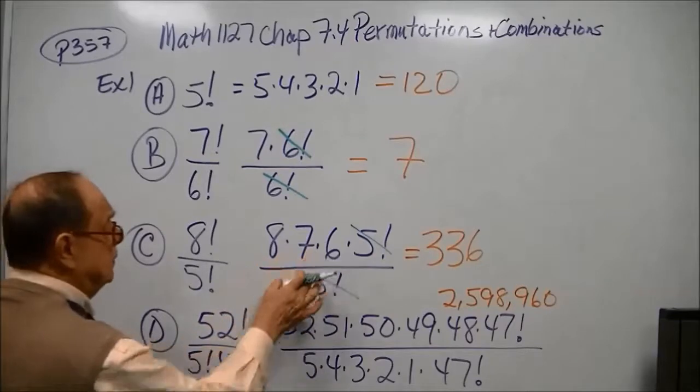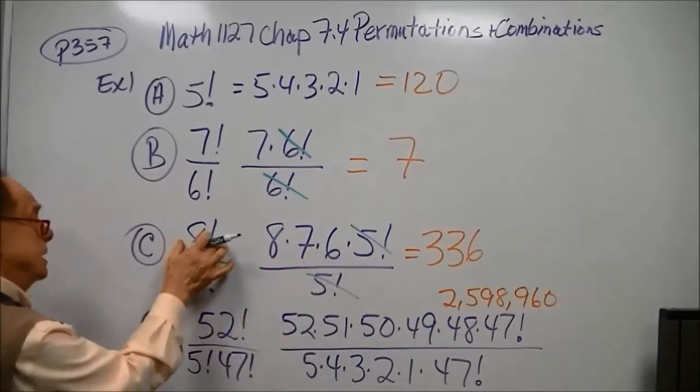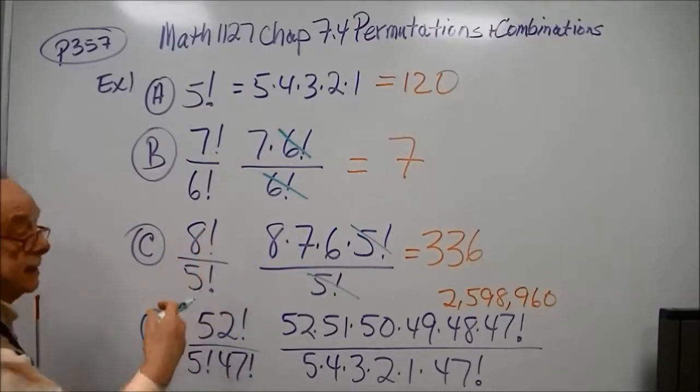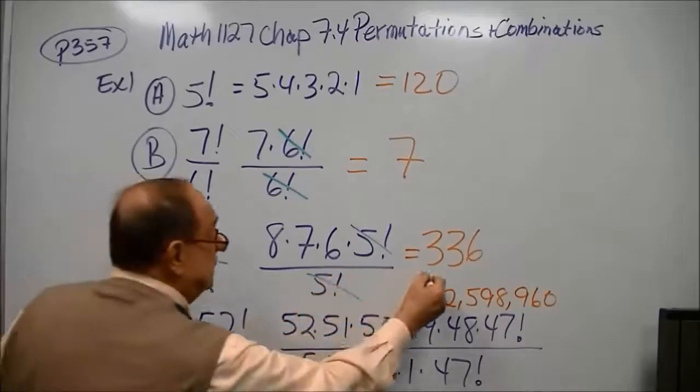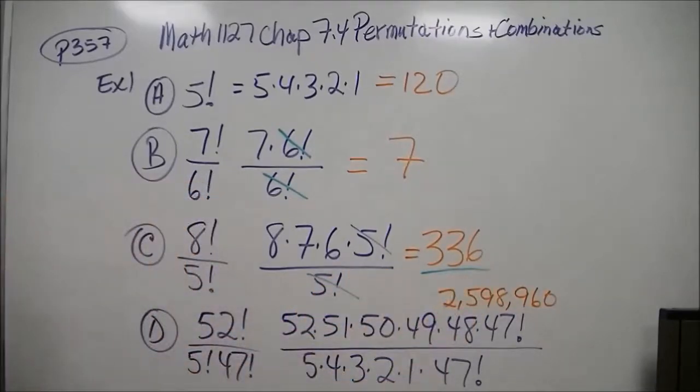If you're doing it the old-fashioned way, if you put this divided by this in your calculator, you get this answer right away. And again, in many cases, they are encouraging you to use your calculator. But again, strategy.